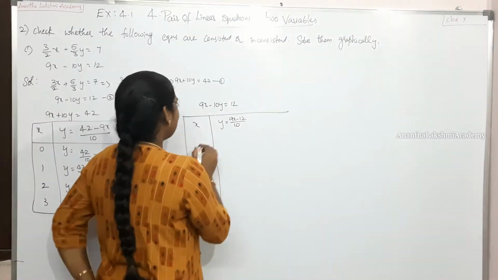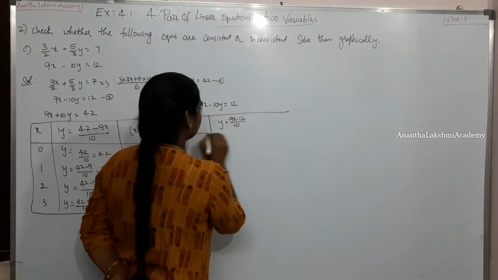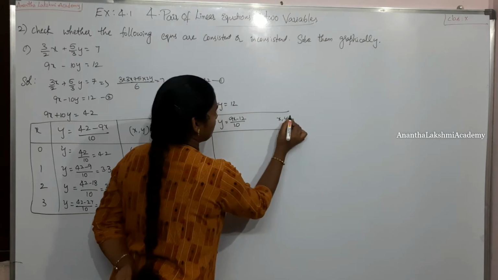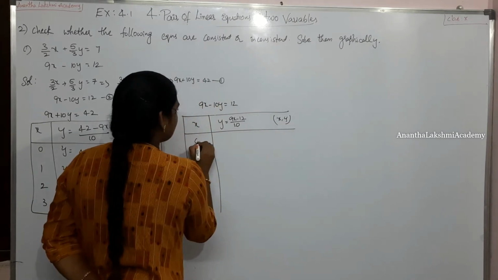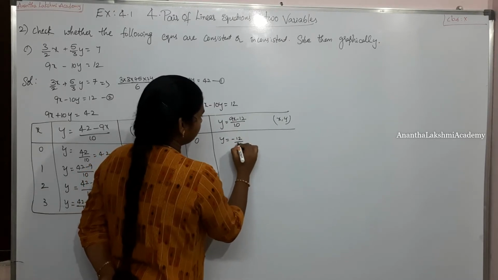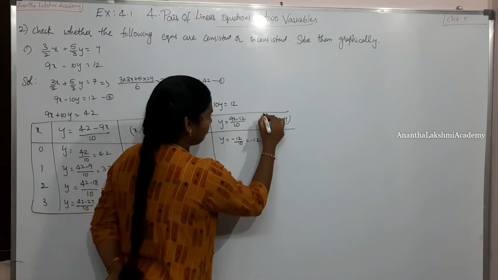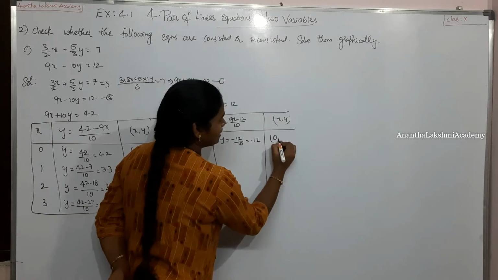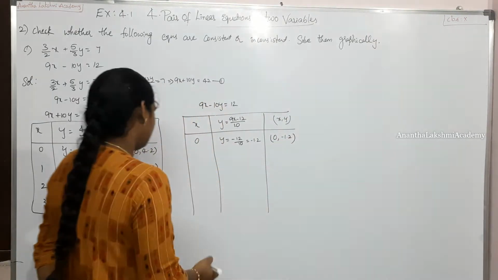For the value of 0, y is equal to 0 minus 12 by 10, which is nothing but minus 1.2. So this is going to be (0, -1.2).